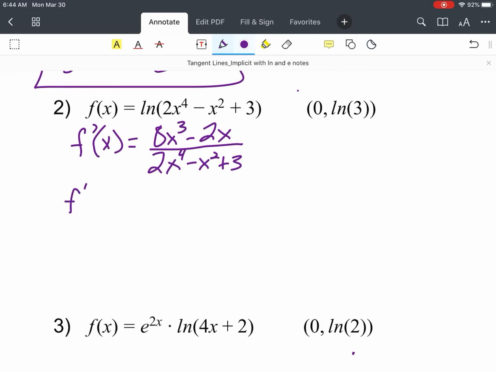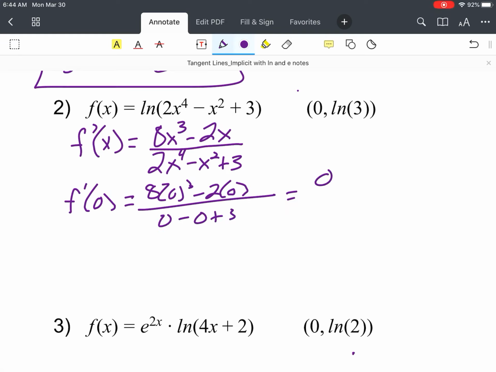Okay. So now I've got to plug in the x value, so f prime of 0 is going to be 8 times 0 cubed minus 2 times 0 over 0 minus 0 plus 3. So we get 0 over 3, which is in fact 0. So the slope is 0.